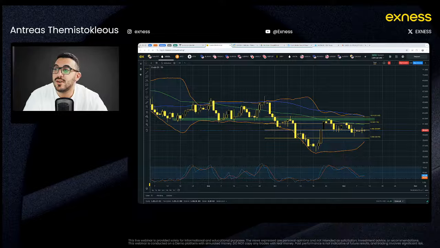So what do we see here is that the fair value, let's say, of crude oil by the end of 2025 is around the 50-ish area, right? So according to this forecast, we might see a further decline from the current levels by the end of the year, around the 50, probably retesting the lower end of the recent low here on 20th of October.